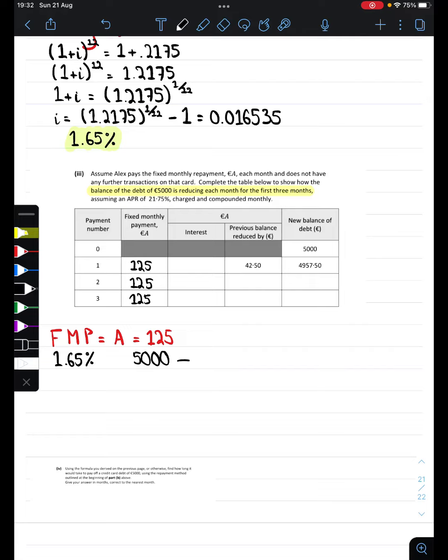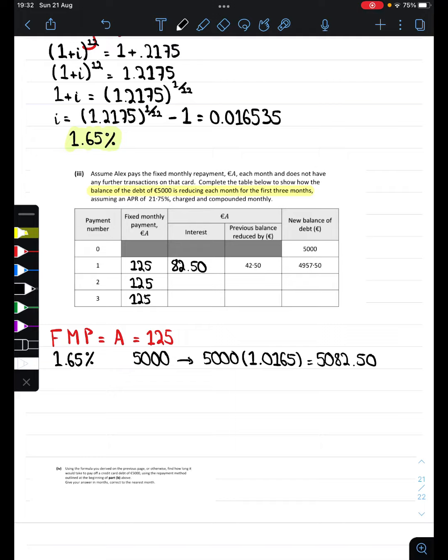Okay, so the 5,000 becomes 5,000 plus 1.65%, or 5,000 by 1.0165 equals 5,082.50. So the interest has brought it up by 82.50.